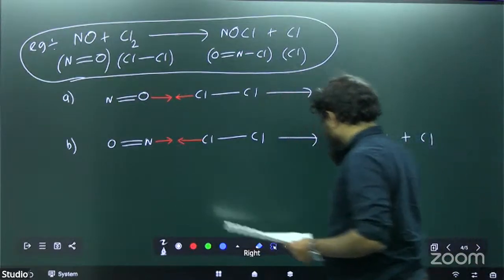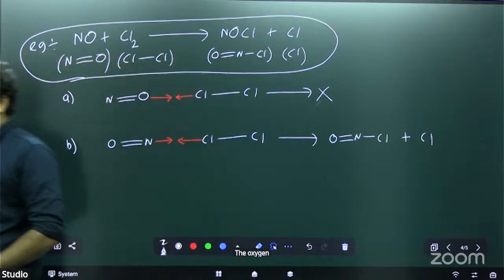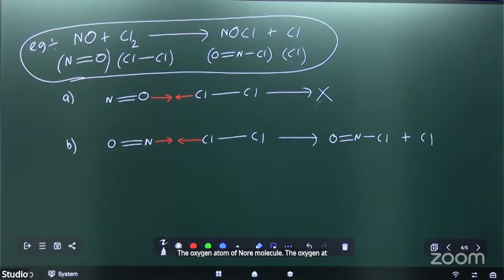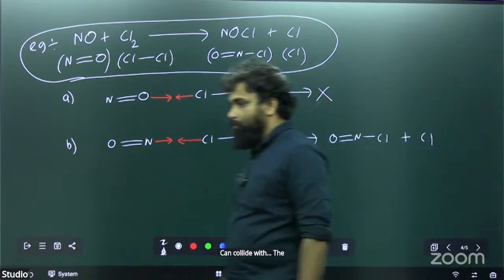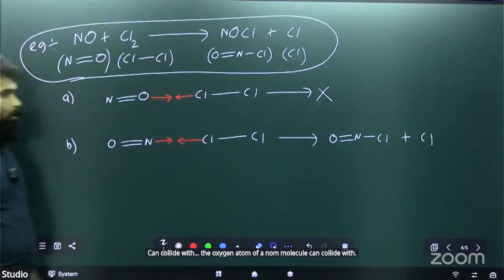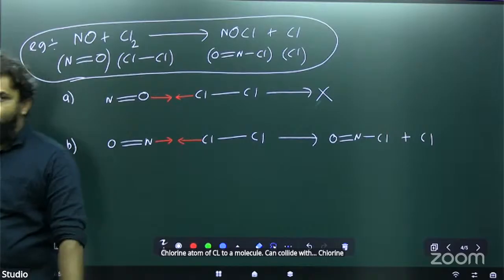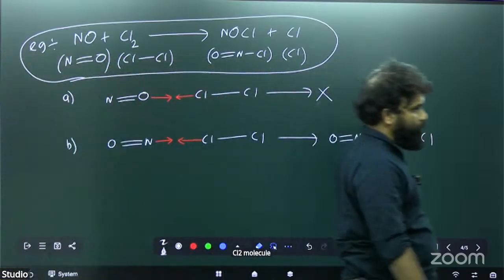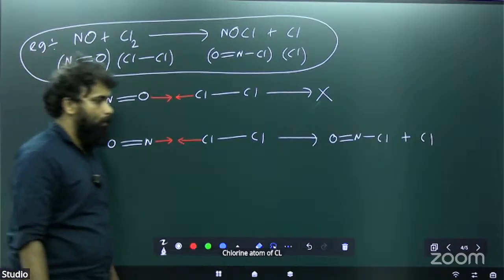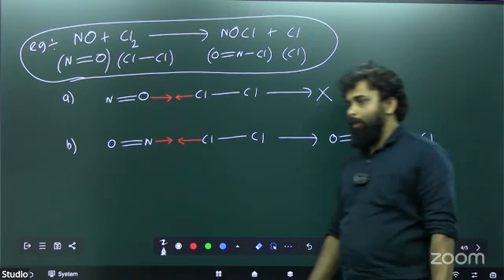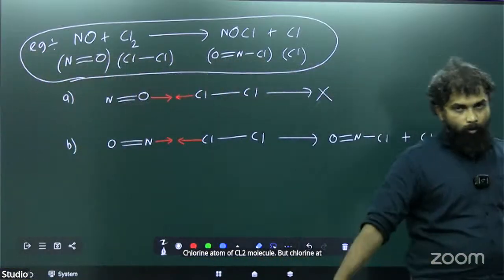Right. Then write down: the oxygen atom of the NO molecule can collide with the chlorine atom of the Cl2 molecule.